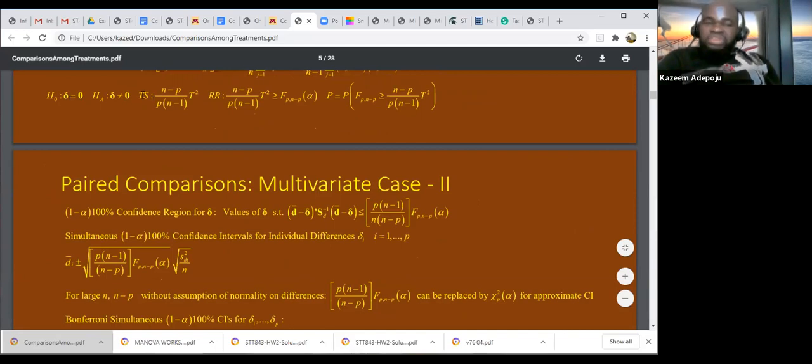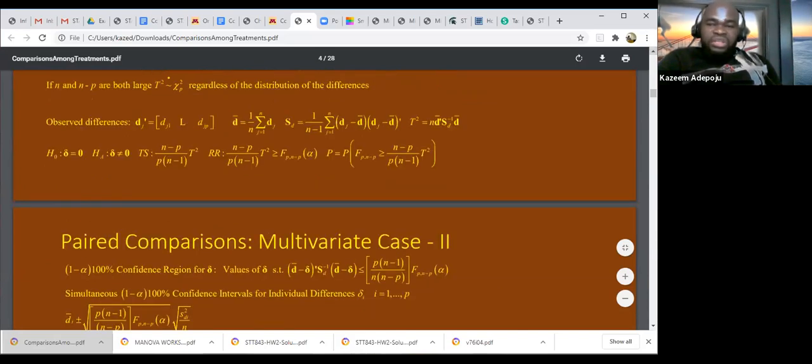So this is the test statistic that we're actually going to use. And don't forget that the T squared here is this. Look at that. You need to first compute this. When you compute this one, then you put the T squared here to multiply this guy here, and this is going to be the test statistic for the test.